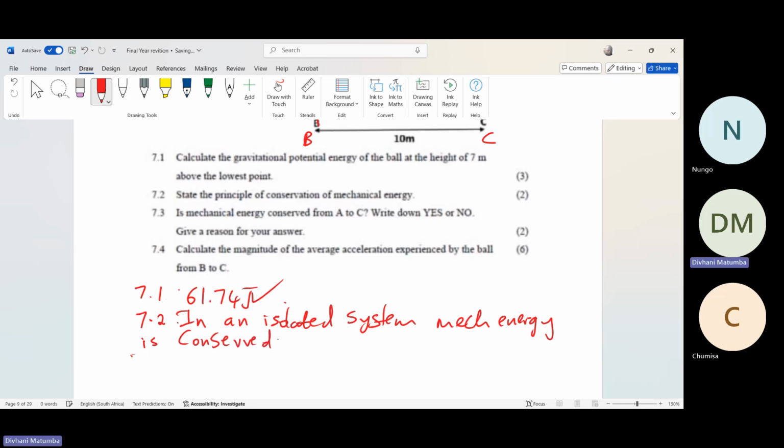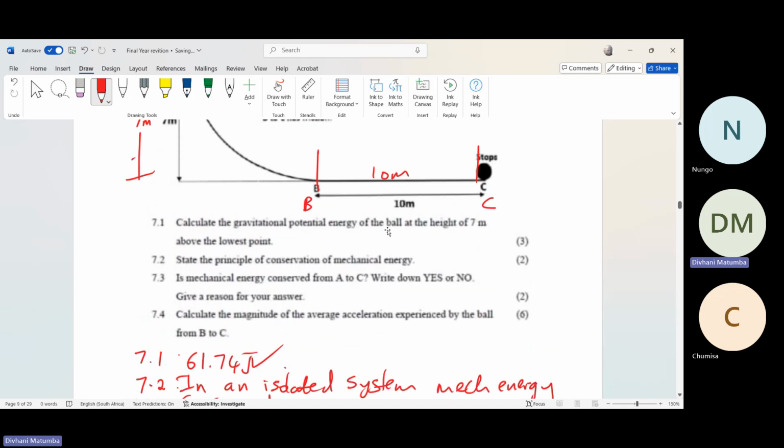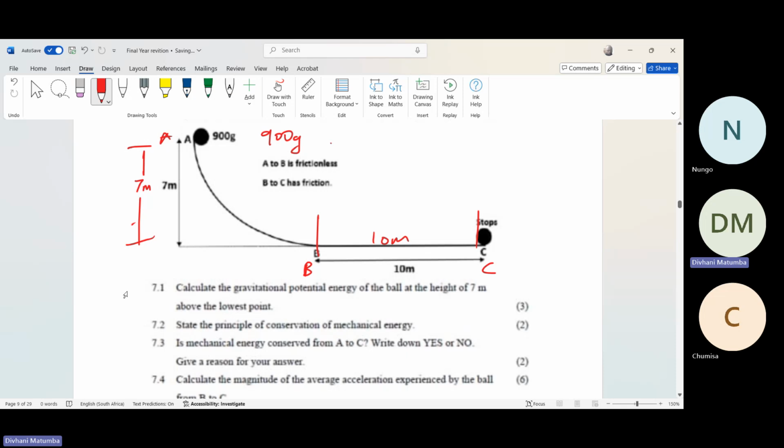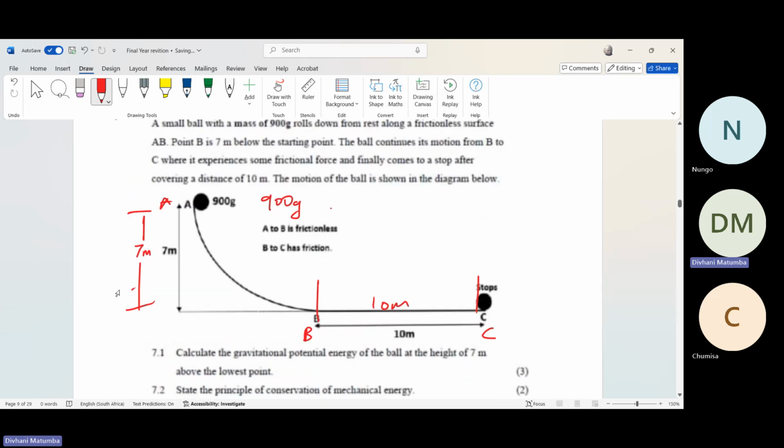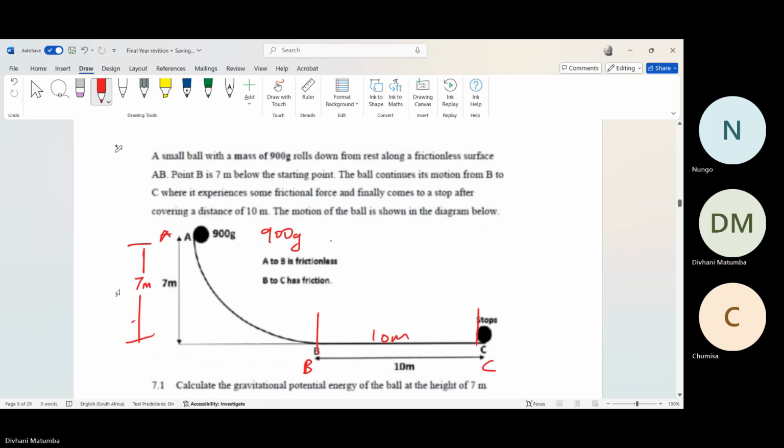Okay, 7.3. Is mechanical energy conserved from A to C? No. Is it conserved from A to C? I'm not sure, sir. Okay, Kumisa, is it conserved?